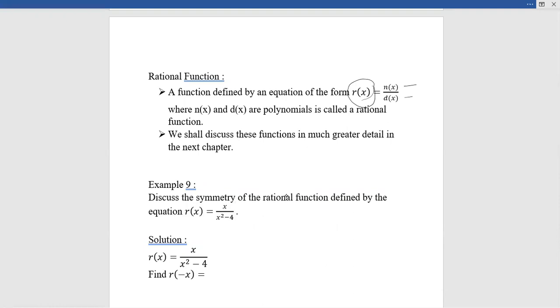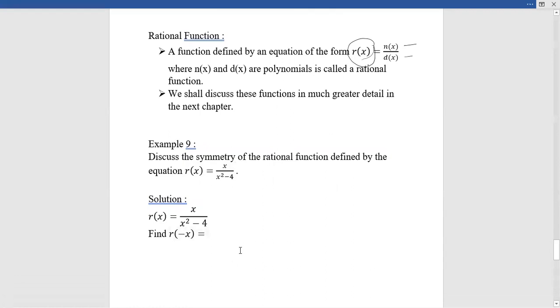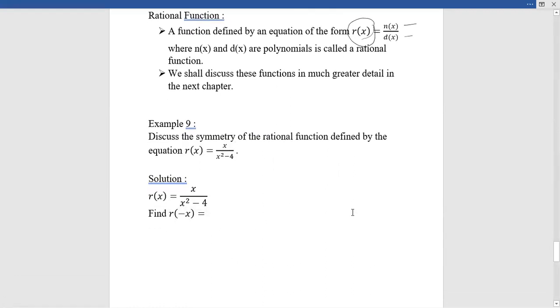Discuss the symmetry of the rational function defined by the equation R(x) equals x divided by x to the 4 minus 4. In either case, we have to find R of negative x, meaning substitute x with negative x.